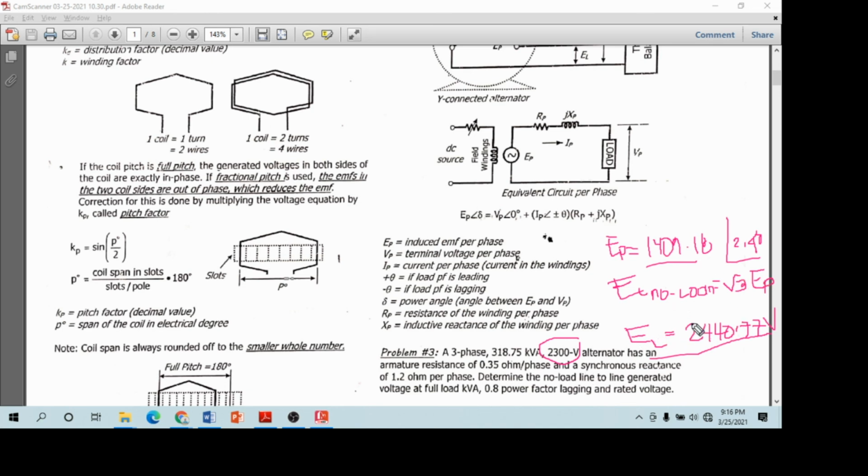So therefore, we can say that there is a voltage regulation, a percentage of voltage regulation. When you load your generator, your voltage goes lower. Therefore, your EL is equal to 2,440.